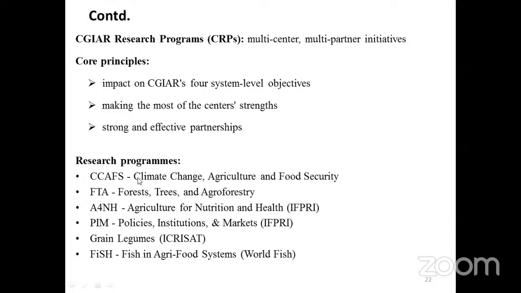It is a very important program, climate change, agriculture and food security, under which they organize many programs like research and capacity building programs. Similarly, they have A4NH, that is agriculture for nutrition and health, run by IFPRI. Then they have a major focus on grain legumes. ICRISAT Hyderabad is the lead in this.